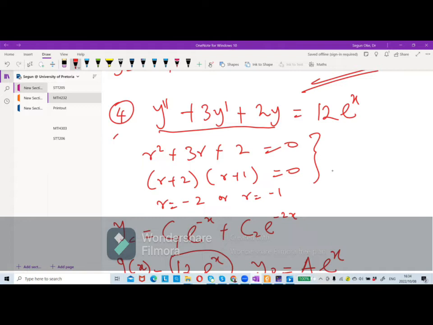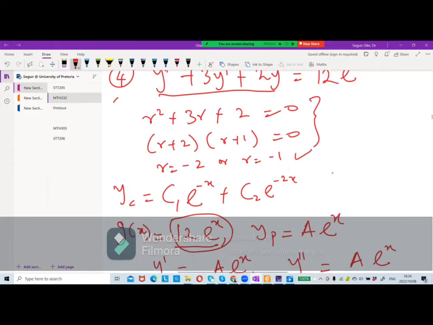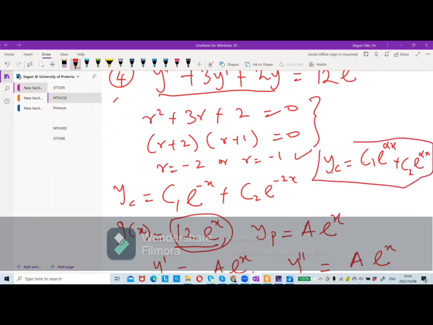So when you factorize your r, you have your r to be -2 and -1. Remember that we have our yc to be equal to c1 exponential alpha x plus c2 exponential alpha x.